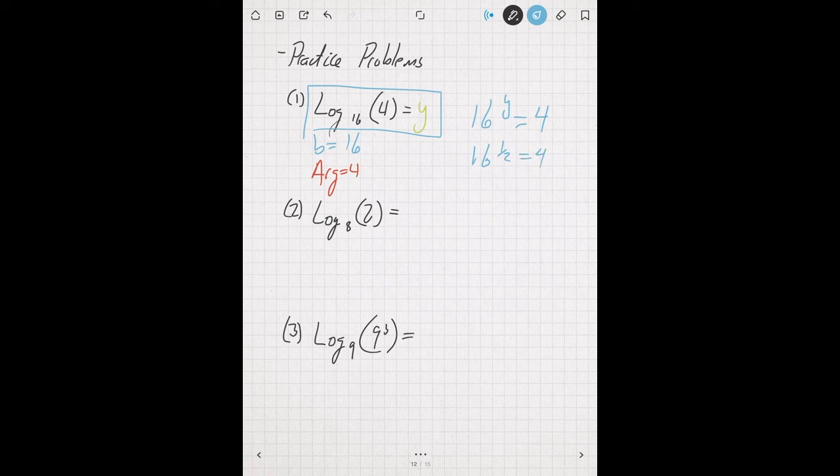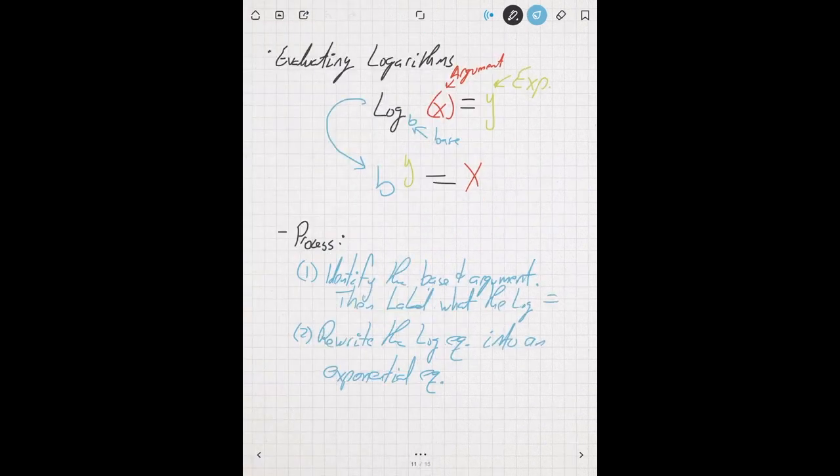Because remember, anything to the half power is the same as the square root. So, y here should equal a half. What is log base 16 of 4? It's just a half. If I wanted to turn 16 into 4, what do I have to raise 16 to? The half power.